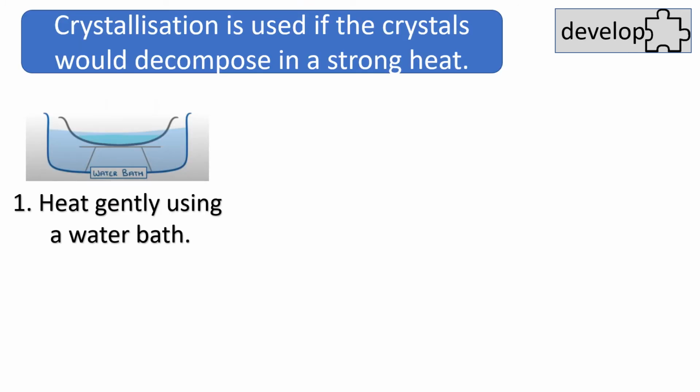Evaporation can be quite a harsh process. You're applying quite a strong heat to this solution. The water will evaporate, but the crystals may not form properly, so you end up with a mush rather than well-formed crystals. The way around this is a process called crystallisation, and it's basically exactly the same as evaporation, but it's just a lower heat, so it takes a little bit longer, and so these crystals have more time to form well.